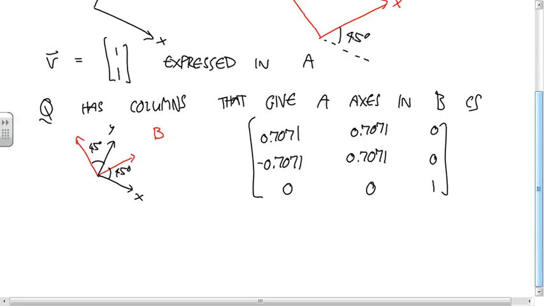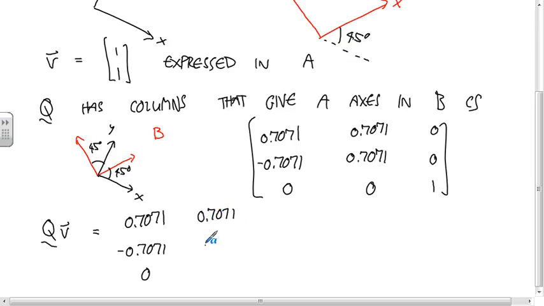All right, so now Q is 0.7071, negative 0.7071, 0; 0.7071, 0.7071, 0; 0, 0, 1.